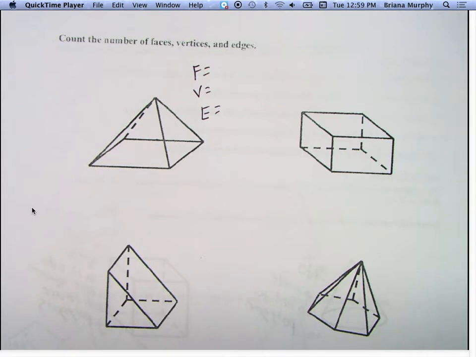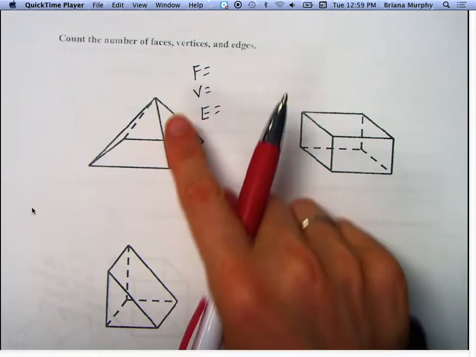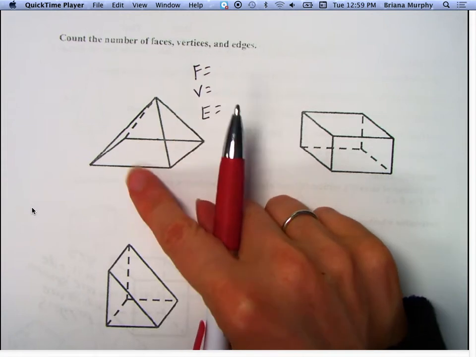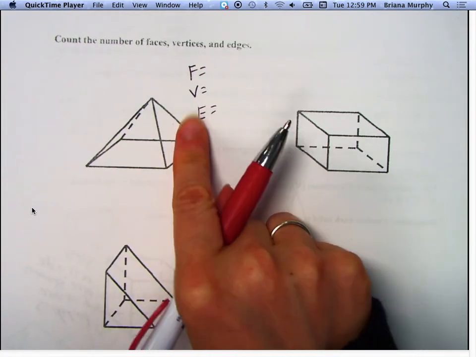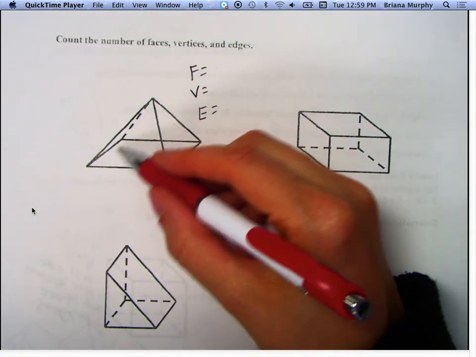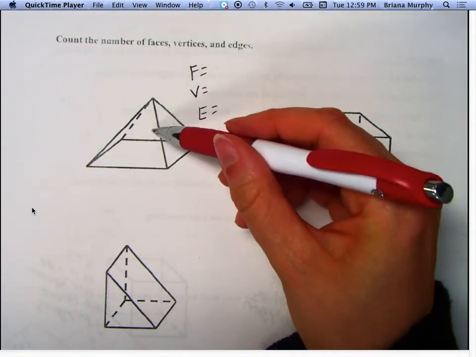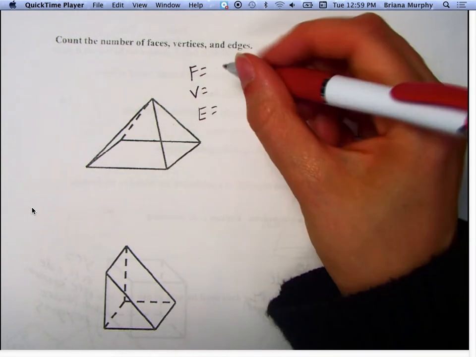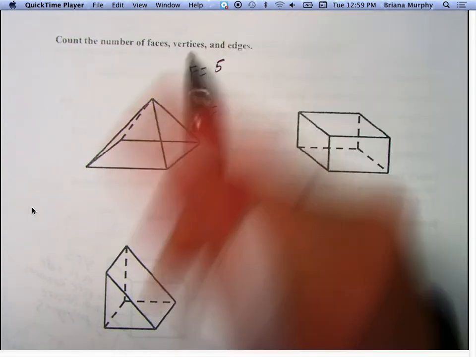So let's look at this first one. How many faces does this shape have? There's a face on the bottom, that's the square, and then there's 4 triangles, so there's 5 faces.